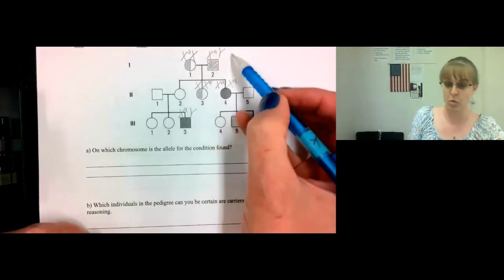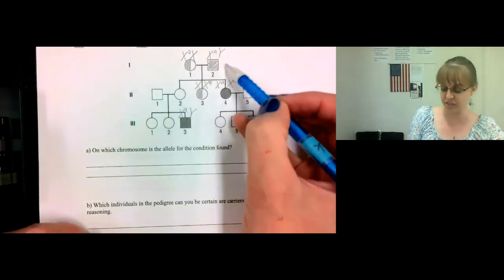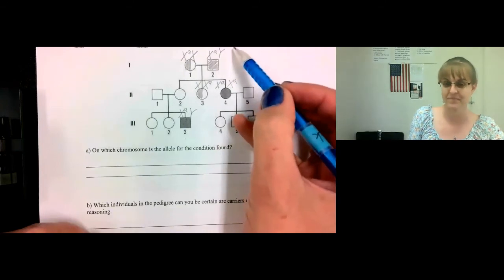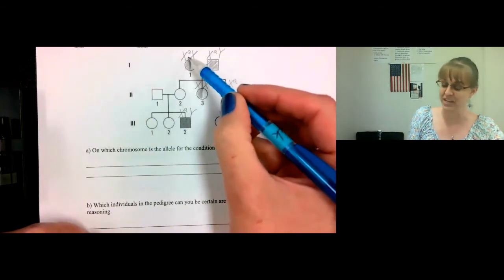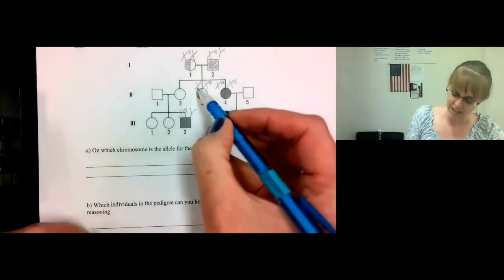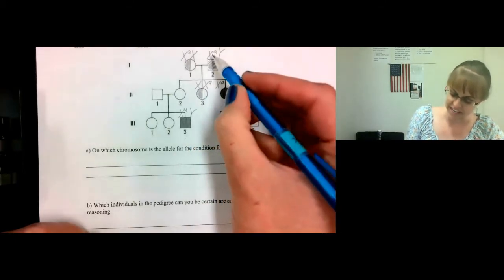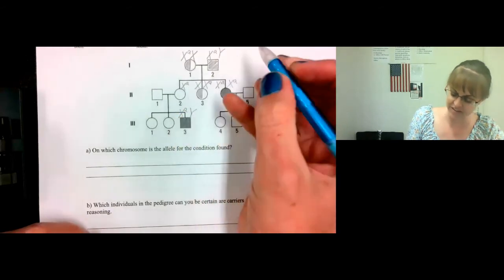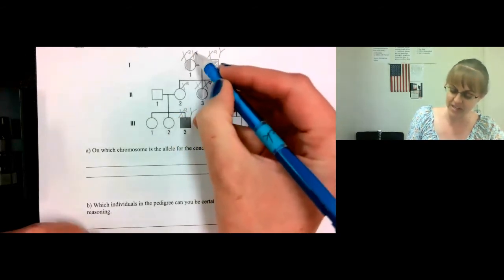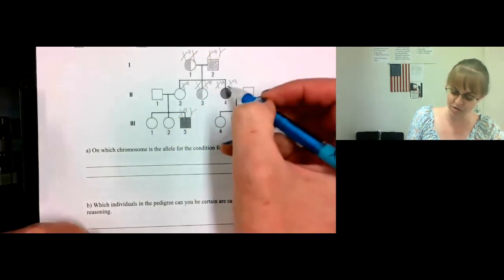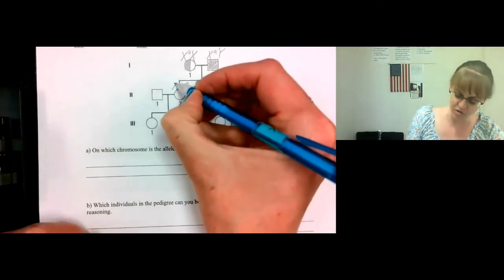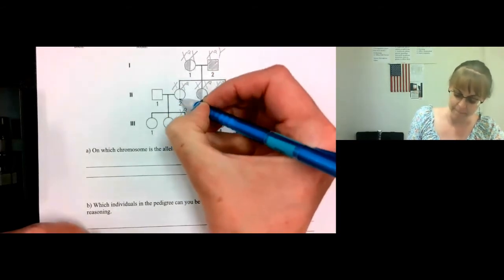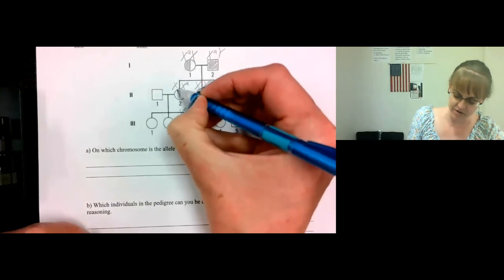His sons won't have it and can't pass it on because they'll get the normal Y from him. Well, unless they get the abnormal X from the mom. So he's got another daughter. He had to pass on that recessive X. Mom either passed on the recessive or the normal. She must have passed on the normal because this girl does not have it, but she is a carrier.